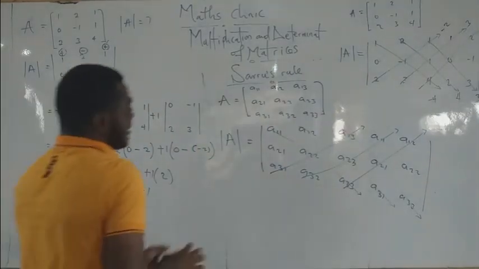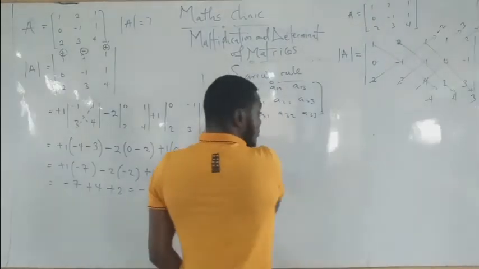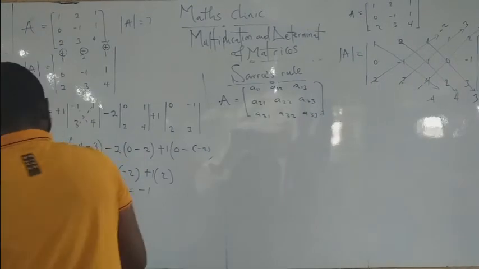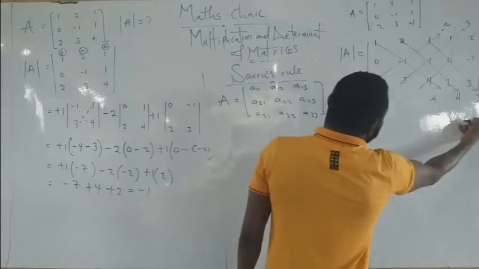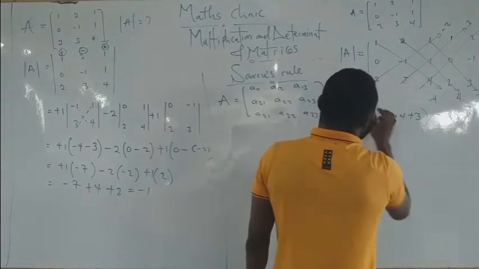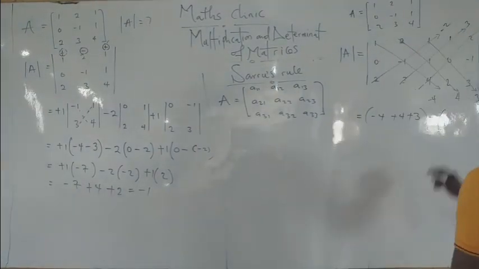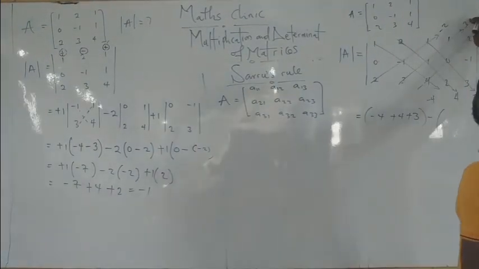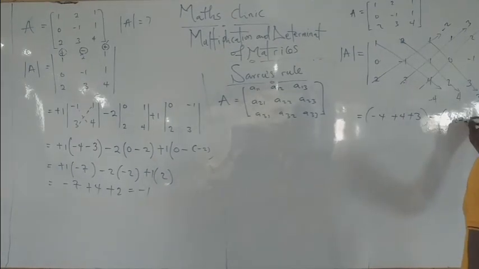The determinant of matrix A will be equal to what they are there? Minus 4 plus 4 plus 3 minus 3 plus 2 plus, minus 2 plus 3 plus 0.